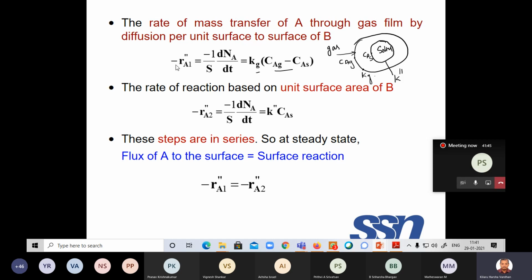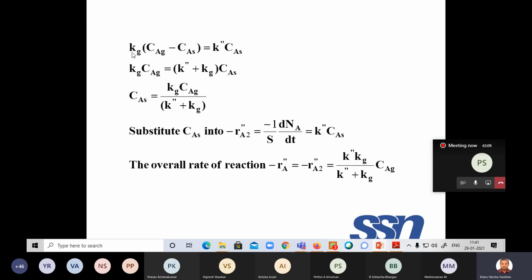So if you equate this rate with this particular rate, because this is series and at a steady state, what will happen now? Kg into CAG minus CAS is equal to K prime CAS. Correct? Now that is what I will do.